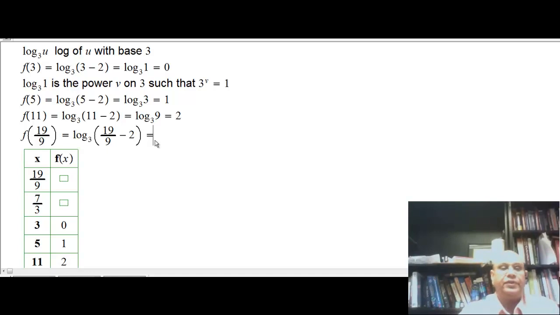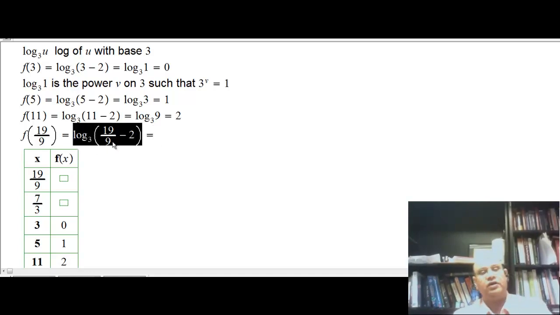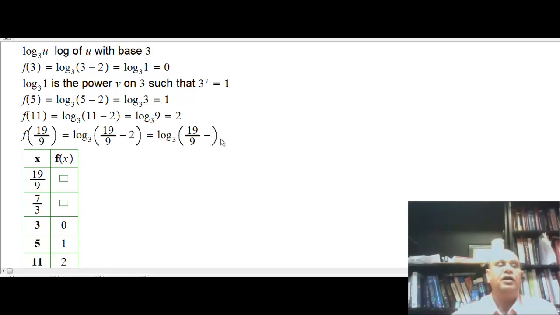Then this would be what? First we have to get our input in this simplified form, plus 18 over 9. 18 over 9, that's very nice. Okay, and then this is log base 3 of 1 over 9, right? Yes.